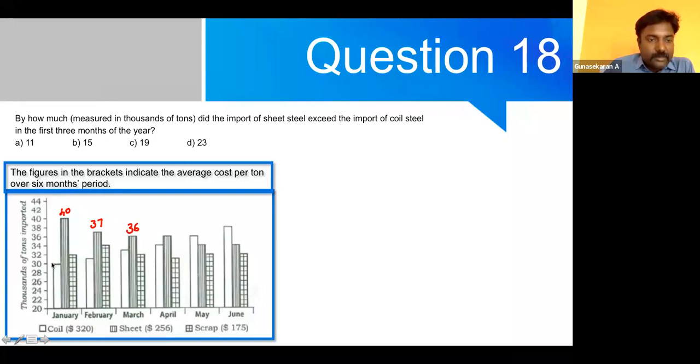And then these values are 30, 31, 34 or what? 33. So the difference is 10, 6, 3, 19. Understand? 19. Find their values and then based on that answer this question.